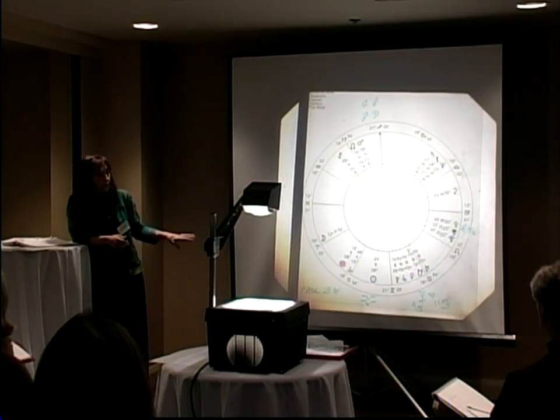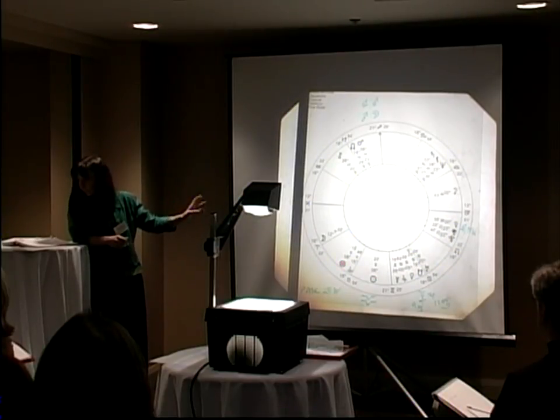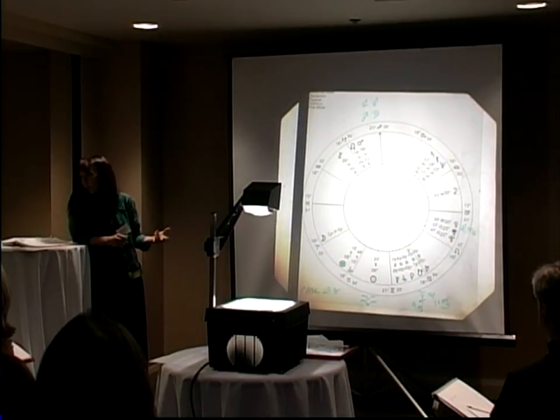In actuality, this transgender person has become gay, and that would be seen by the Sun in Gemini. So this person has switched genders, is now a woman, and is also having relationships with women.